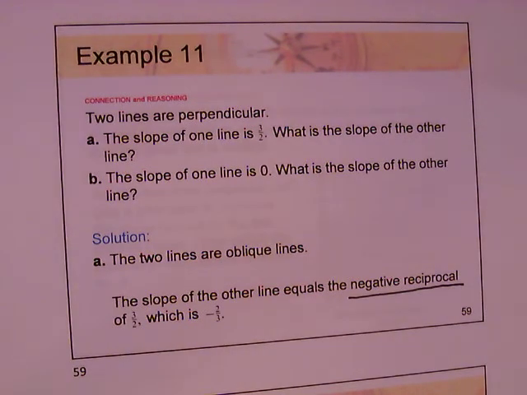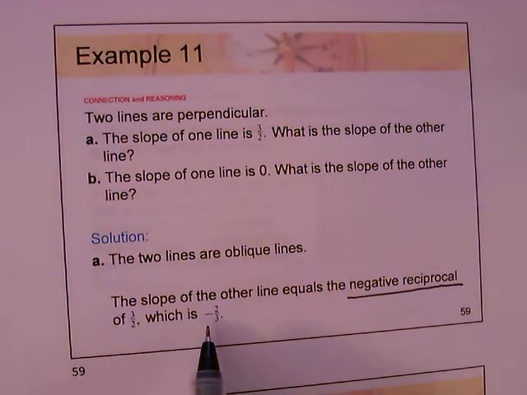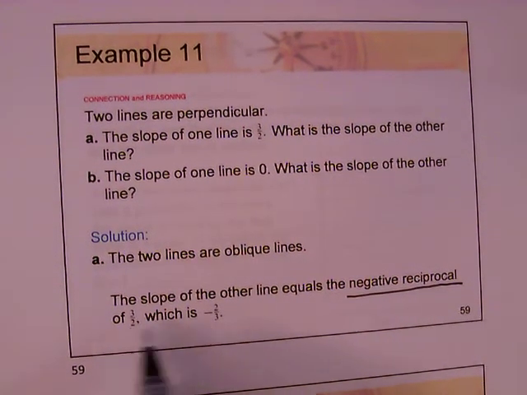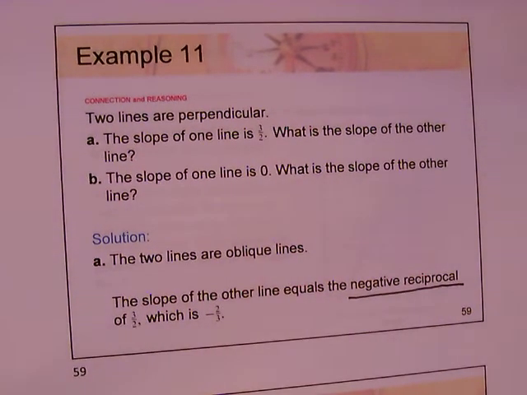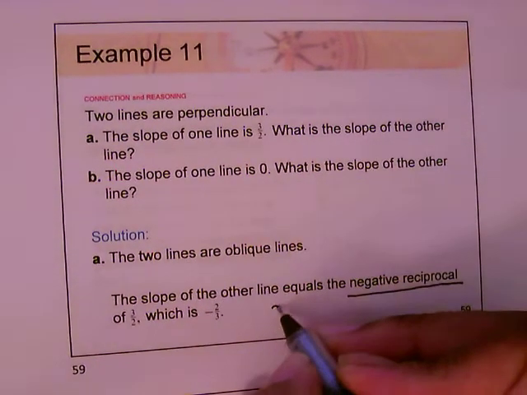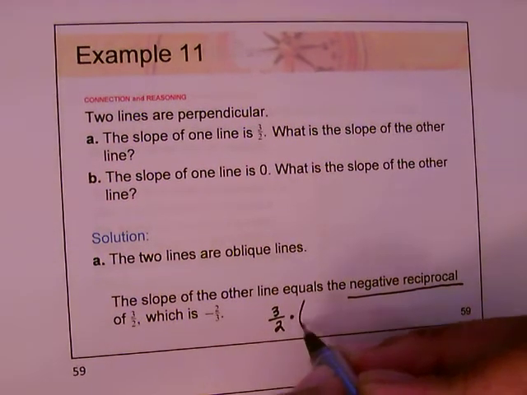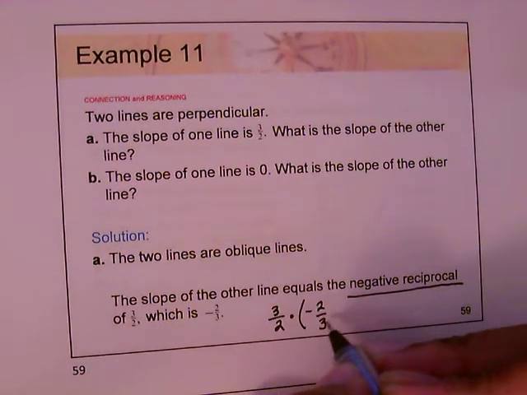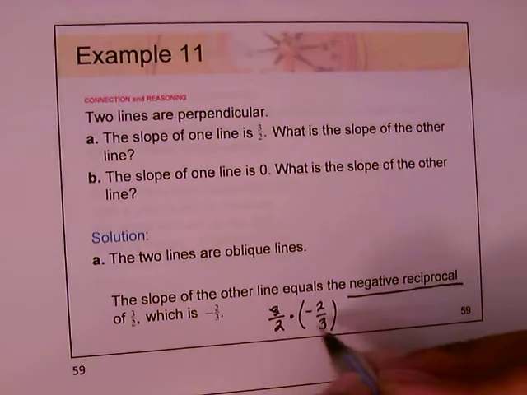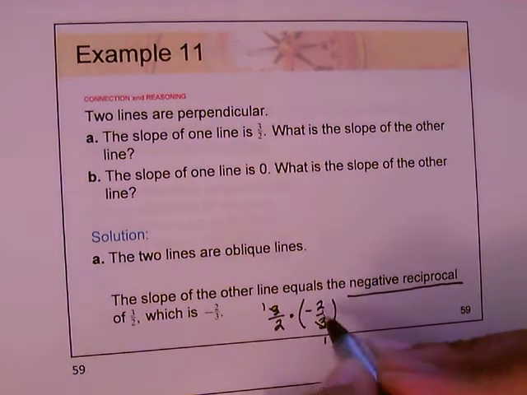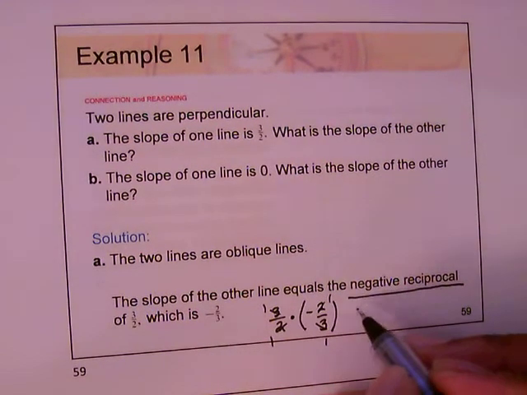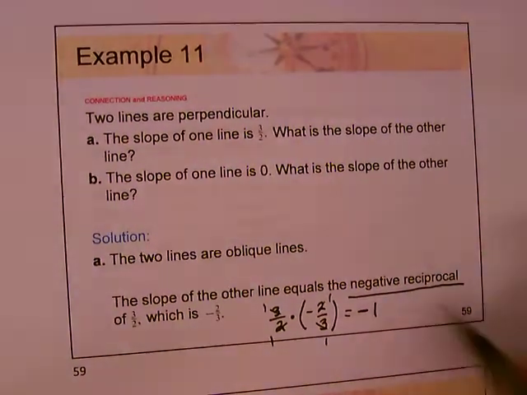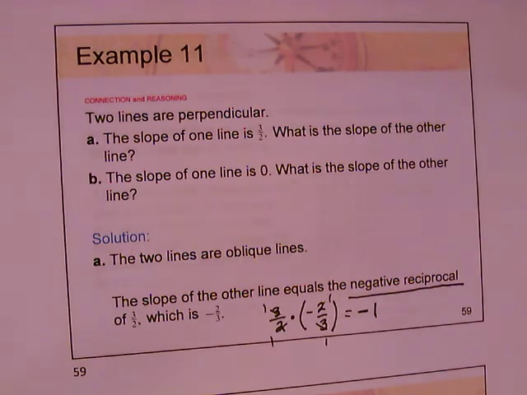That's because if you multiply 3/2 times negative 2/3, it has to be equal to negative 1. Dividing the numerator and the denominator by 3, you end up with a product of negative 1.